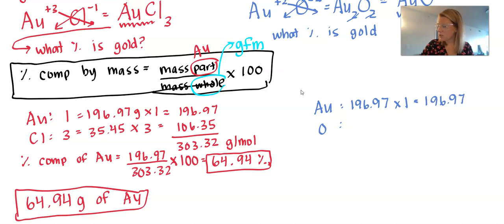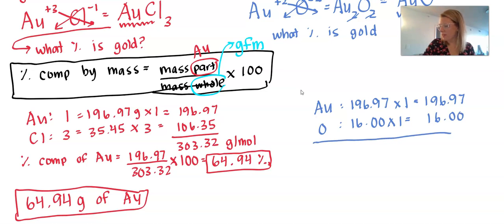We have oxygen, which again is 16.00, and we have one of them, so that gives us a total mass of 16. From there, we're going to add our values together to get our gram formula mass. So 196.97 plus 16 gives us 212.97 grams per mole.